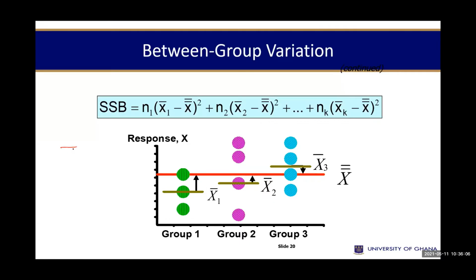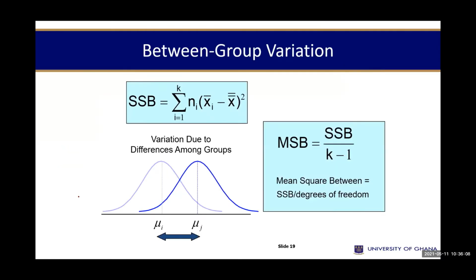So you remember we said summation, this guy here, summation Ni, where Ni goes to each of the sample sizes for each of the distinct populations we have. Then X bar i represents the sample mean for each of the respective populations, based on the sample we've collected. X bar is the grand mean.